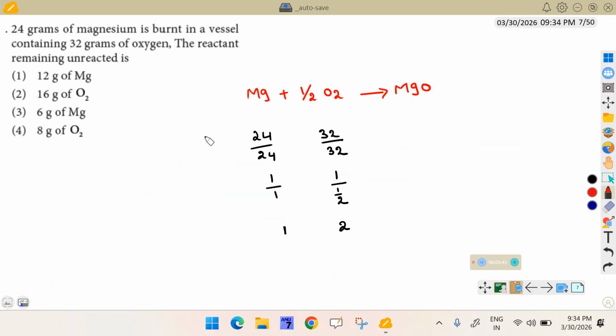24 grams of magnesium is burned in a vessel containing 32 grams of oxygen. The reactant remaining unreacted is... We know that in a chemical reaction where more than one reactant is present, the formation of product depends upon the limiting reagent.